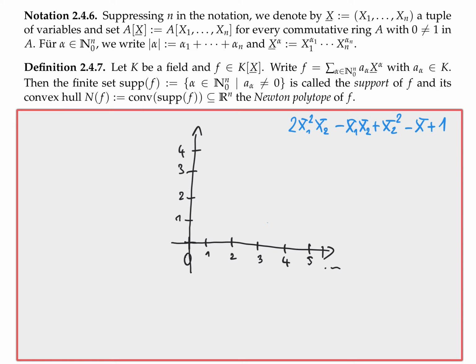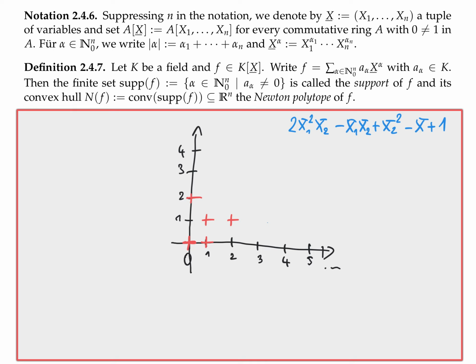Well, here I have 2, 1 in the support. I have 1, 1 in the support. I have 0, 2 in the support. I have 1, 0 in the support. And finally, I have the origin in the support. Right, so that's the support.